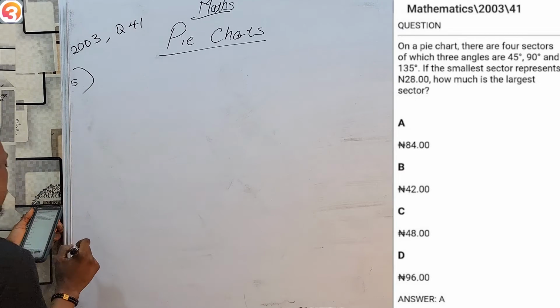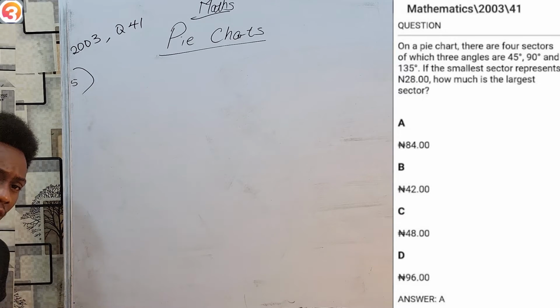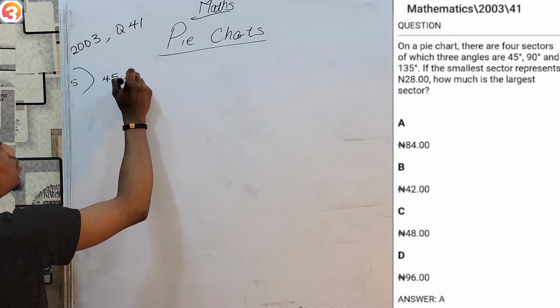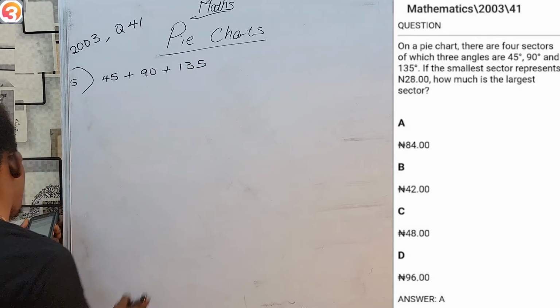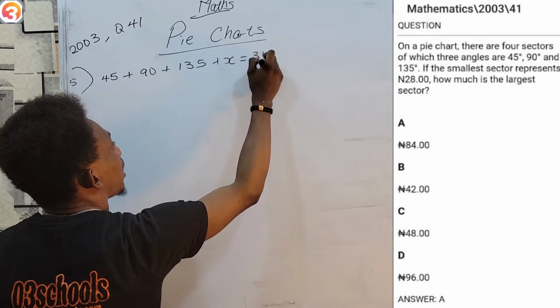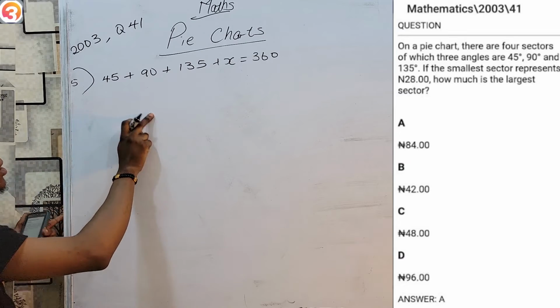But 3 of them are 45, 90, and 135. Now, if I need 4 things, and 3 of them are 45, 90, and then 135, my 4th one can be x. And I know when I add them, since this is an angle in a circle, or angle at a point, it must be 360. So add these together.